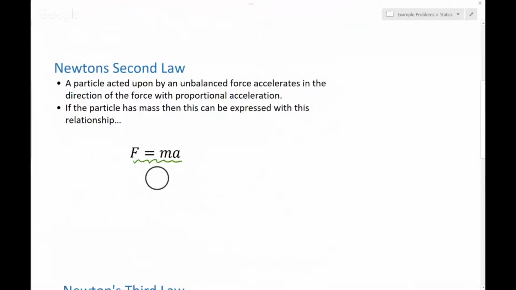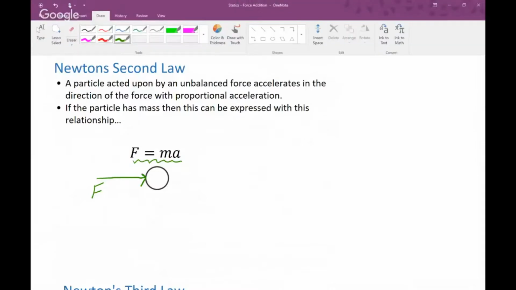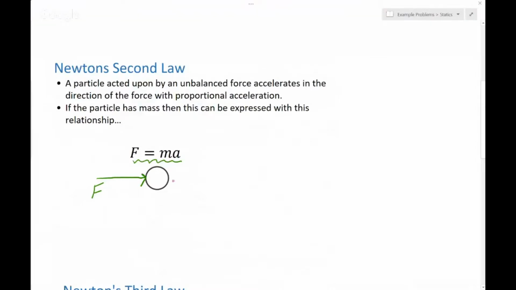If we have a force of magnitude F pushing on this particle in this direction, then this particle will experience an acceleration in this direction of magnitude A, which is proportionally related to the amount of mass that the particle has.